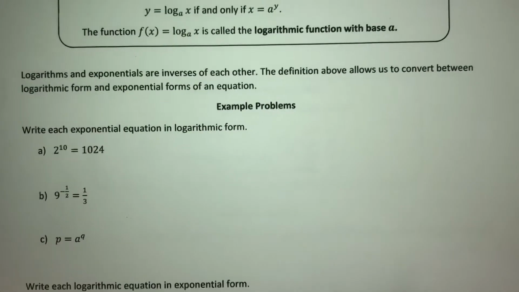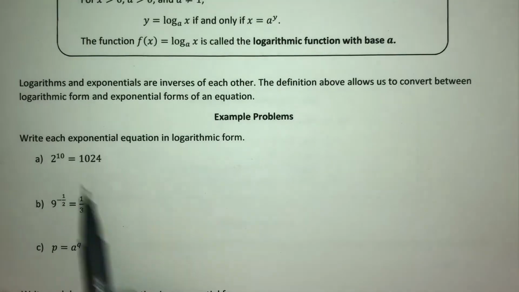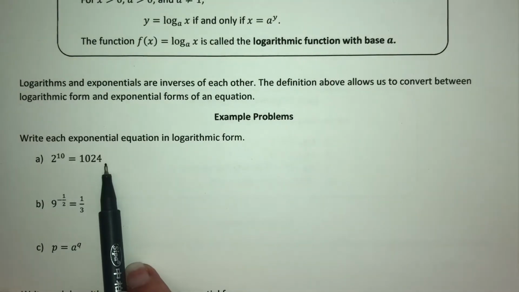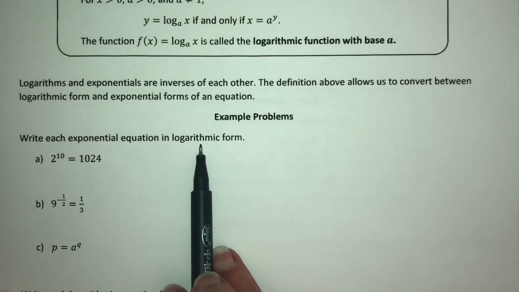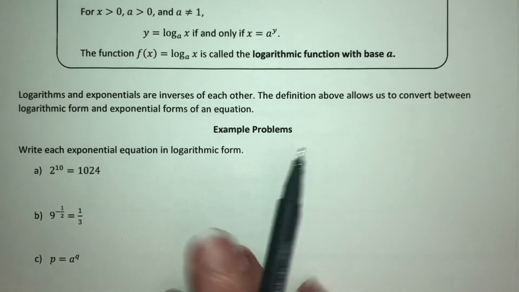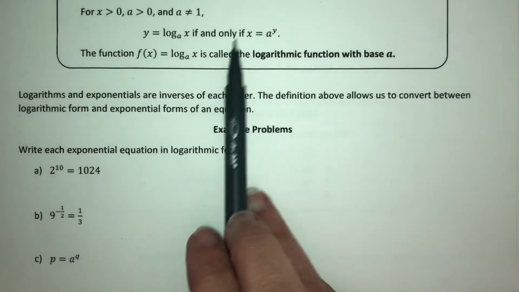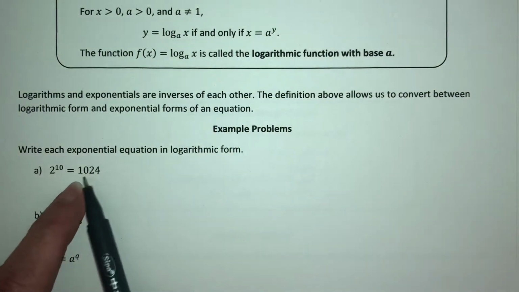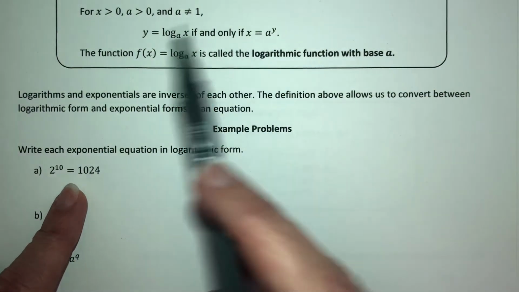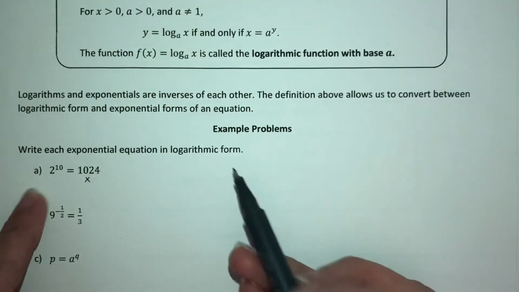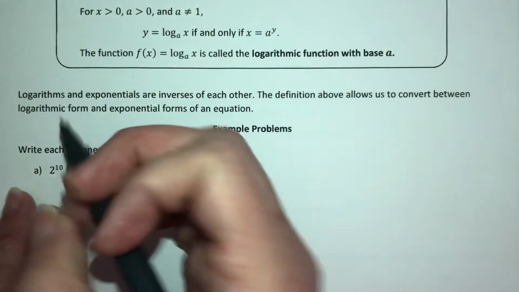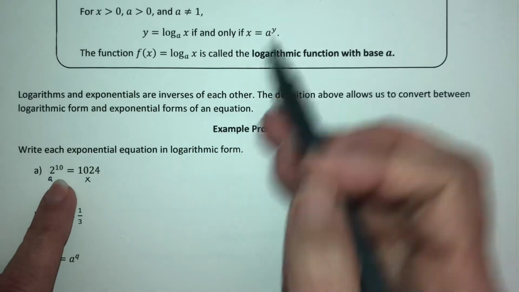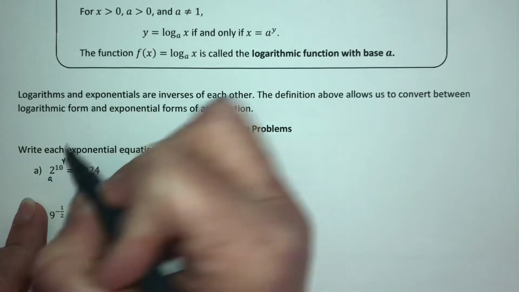Okay, so for these first problems, we're given something in exponential form, and they want us to write it in logarithmic form. So let's just compare what we have here to what is right here. So 1024, that is my x value. 2 is a, and 10 is y.